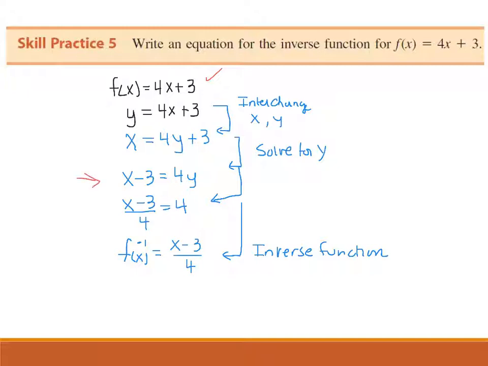So as we solve for y, we get that y is equal to x minus 3 over 4. That is our inverse function. And so we write our inverse function in the following fashion. f raised to the minus 1 of x is equal to x minus 3 over 4. So that's our inverse function.